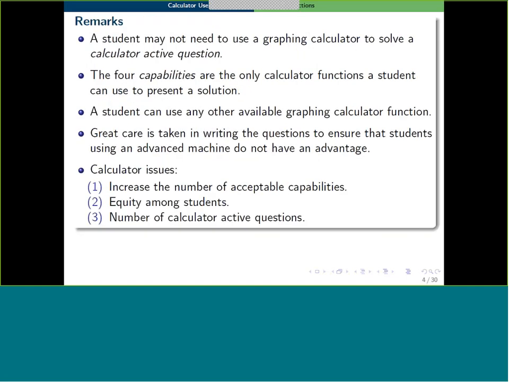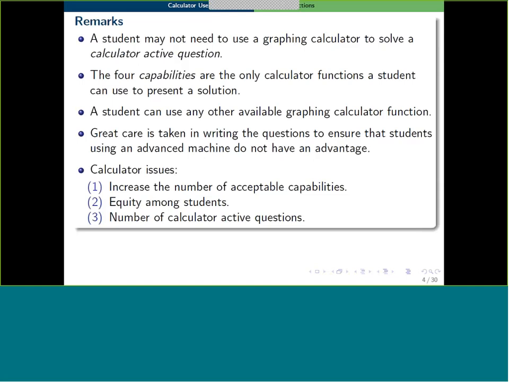Just a couple of remarks about all of this before we begin. Remember that there are quote-unquote calculator active questions on the AP exam, but that doesn't necessarily mean that a student will need their calculator. There are often several questions that are calculator active, but a student can solve without the use of their machine.